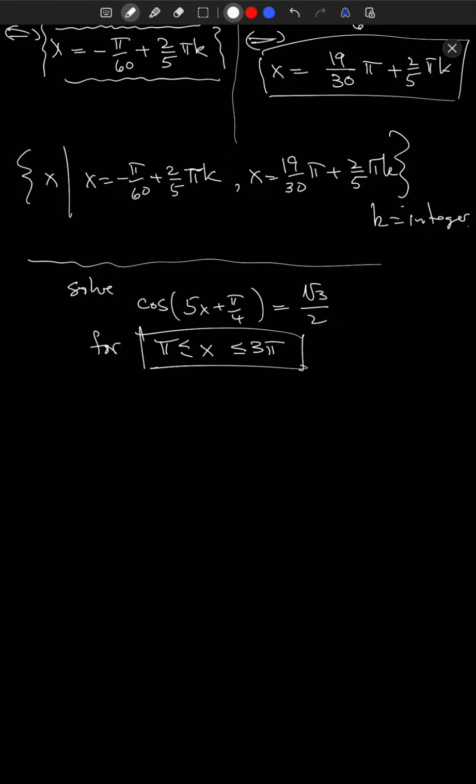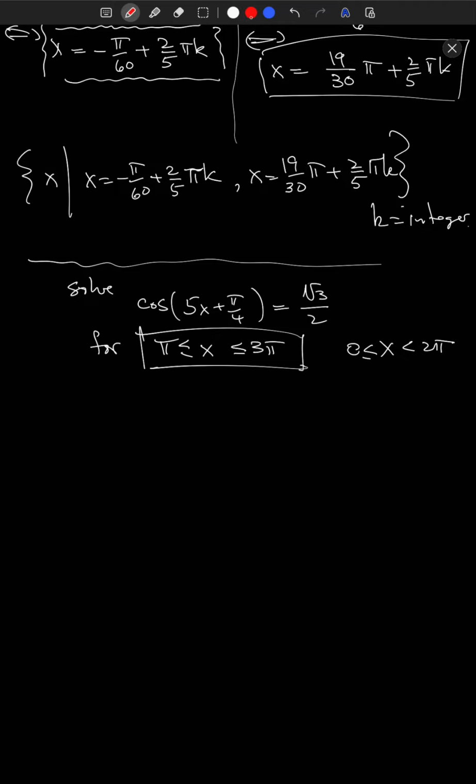On the homework, in the online homework, I believe almost all the problems, maybe all of them, are going to be where you want x between 0 and 2 pi. And our book likes to ask for x greater than or equal to 0 and less than 2 pi. But you can ask anything.